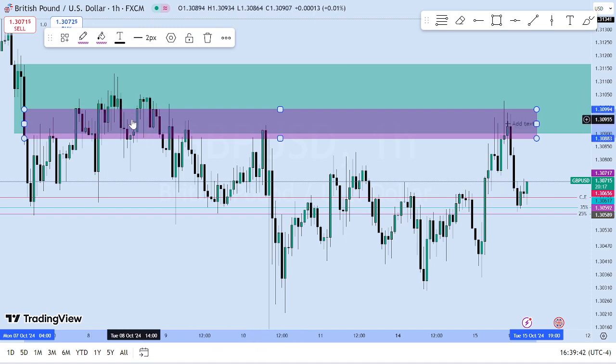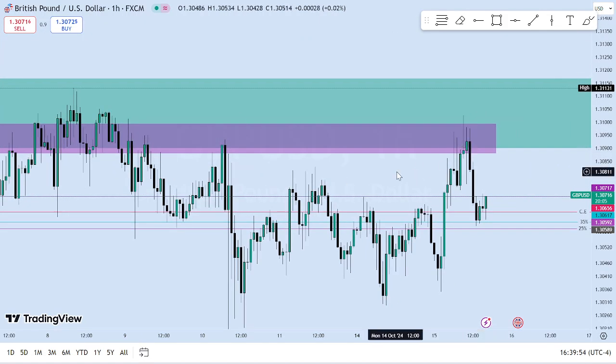And see how price has been trading inside it, back and forth, touching it for the last time.